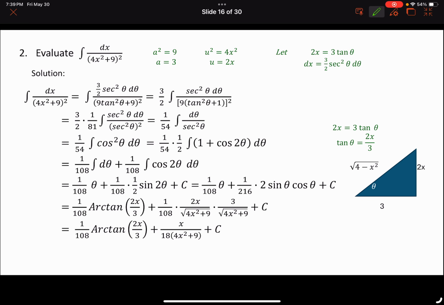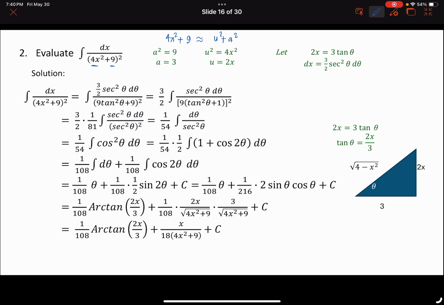For our second problem, let us consider the integral of dx over the quantity 4x squared plus 9, squared. So 4x squared plus 9 is your u squared plus a squared.